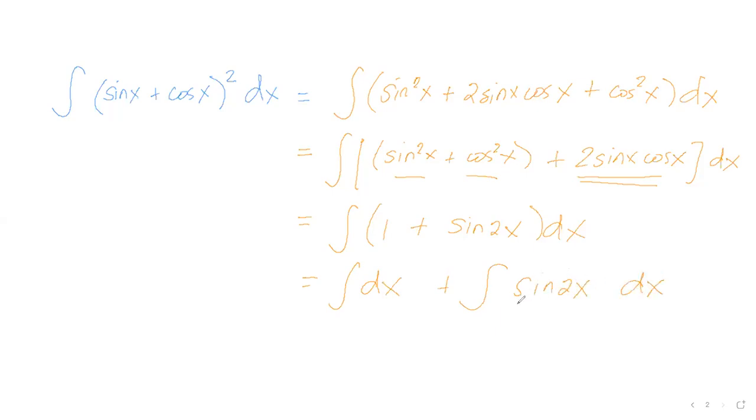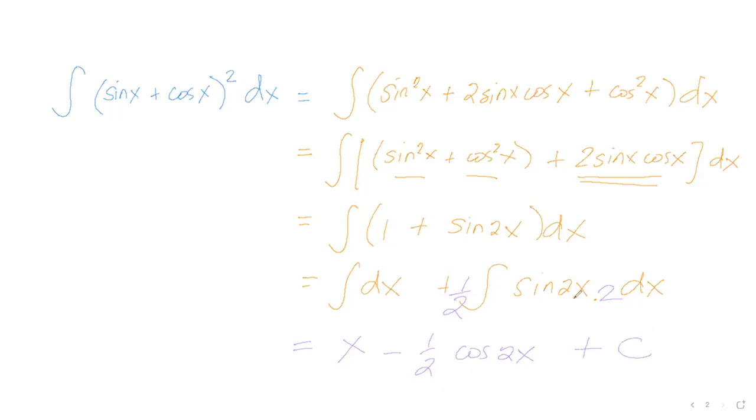To complete this integral, you need to assign the derivative of the argument of the sine, which is 2x. So this should be 2, and I should have 1/2 here. Do you follow? The first will yield x. The second will yield negative 1/2 cosine of 2x plus c.